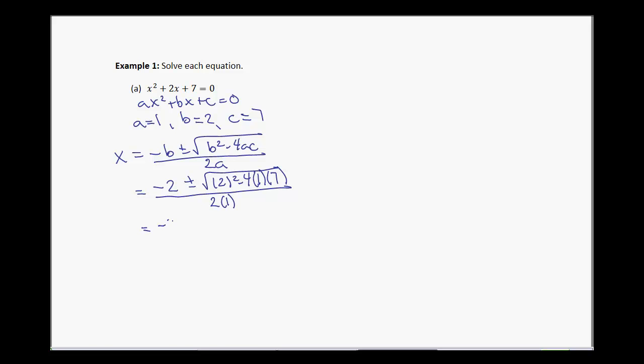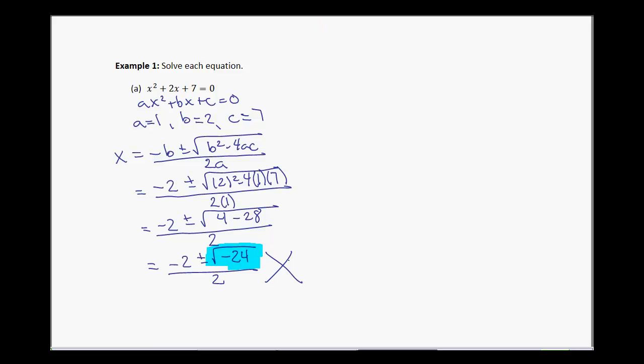Simplifying, we get negative 2 plus or minus the square root of 4 minus 28, all divided by 2. Simplifying again, we get negative 2 plus or minus the square root of negative 24 divided by 2. Here we're going to stop because we have a square root of a negative and we cannot have that. So this equation has no real roots.